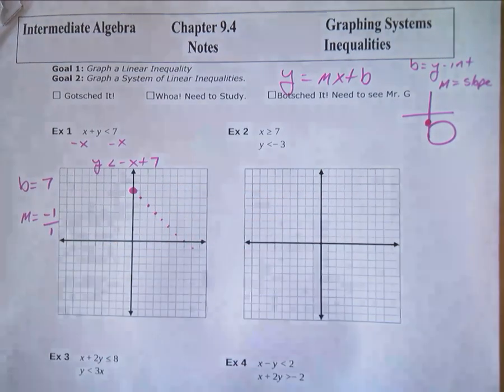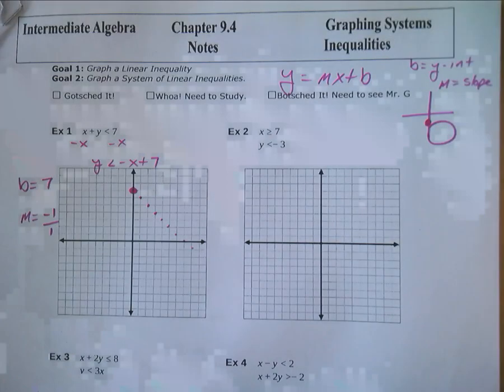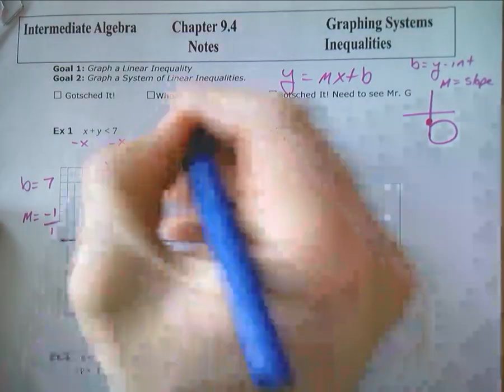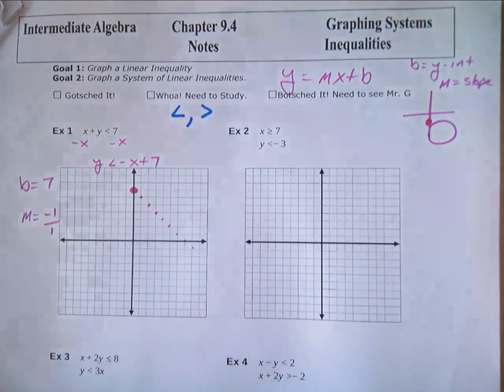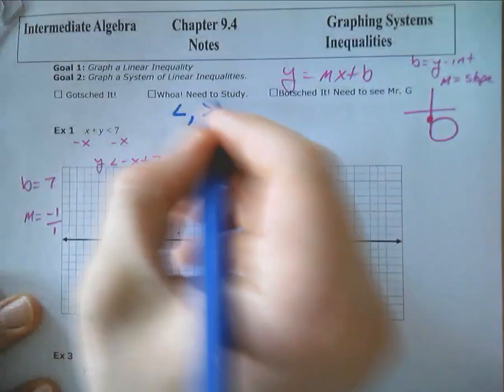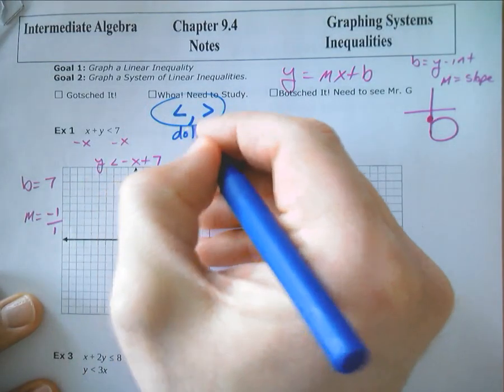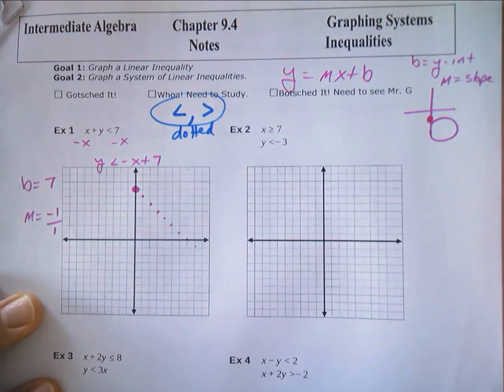Now there are some rules that we've got to know. If I have a less than or greater than, so not equal to, those are dotted lines. Dotted, dashed, not inclusive.